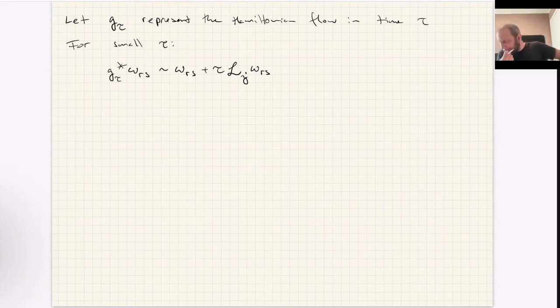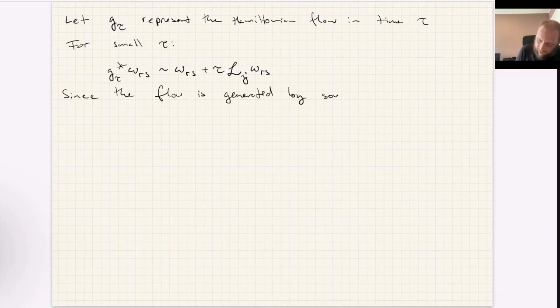So what does that mean? Since the flow is Hamiltonian, it is generated by some function h, so the Hamilton function.